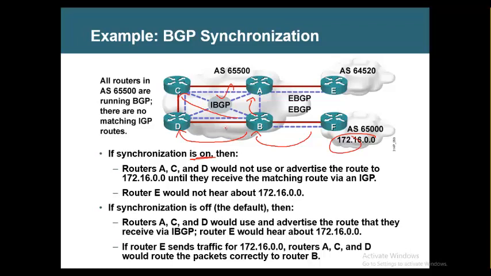Now A will not give it to E because the synchronization rule is on. When it is off, no problem. E will receive the route updates. So this was unnecessary.